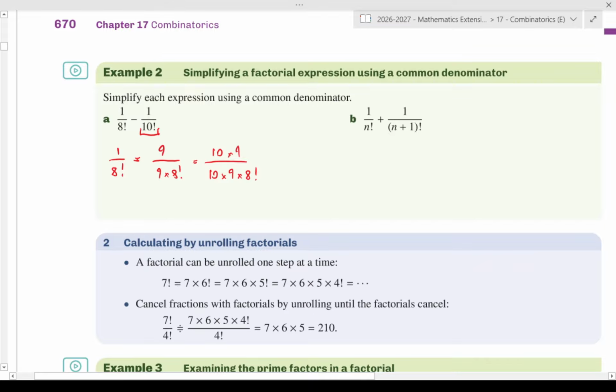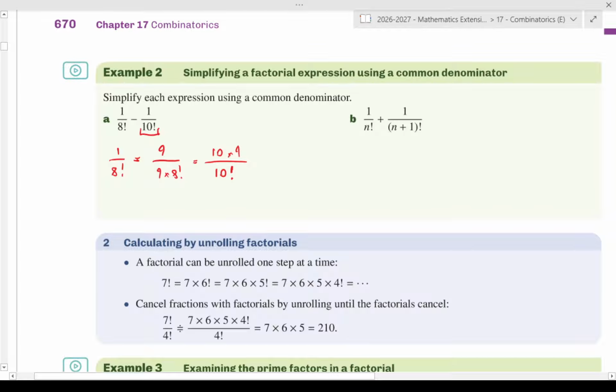Now, what I really want you to focus on is the fact that 10 times 9 times 8 factorial can actually be written as 10 factorial. So that is just another way. It's rolling it back a little bit. It's similar to what we did in the previous one, though we were doing that on the numerator. We were unrolling it. Here, we've done it on the denominator. So you can see that 1 over 8 factorial can actually be written as 10 times 9 over 10 factorial.